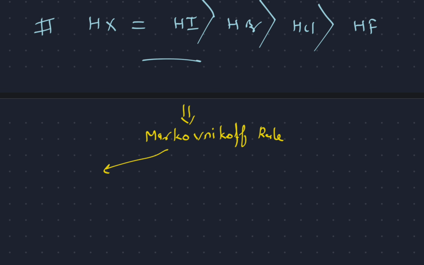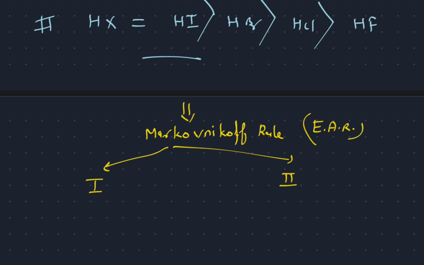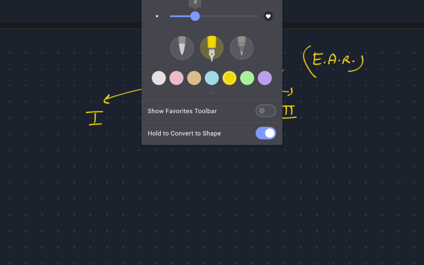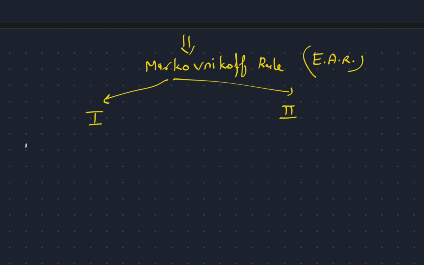Markovnikov gives two rules for electrophilic addition reaction. The first rule says: where does the nucleophile attach on the alkene?